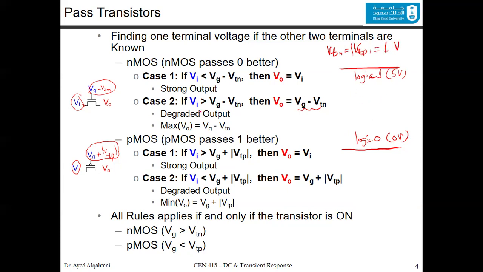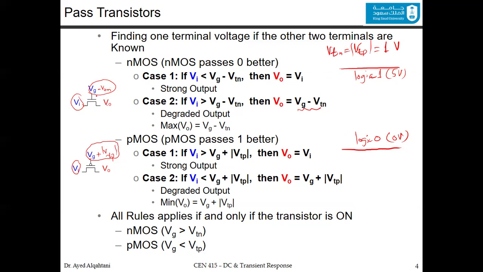So what happened when the NMOS is on, this means you have the VG at 5 volt. So let's say you have also 5 volt in the input. So 5 volt here, 5 volt minus 1, which is the V threshold, is 4 volt.